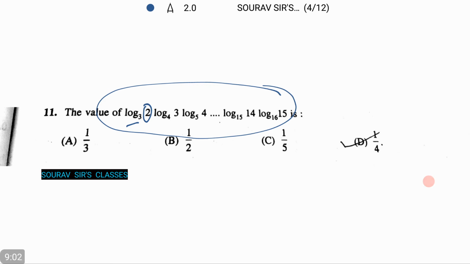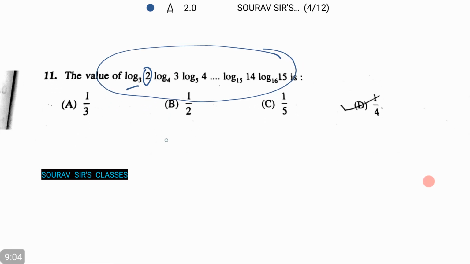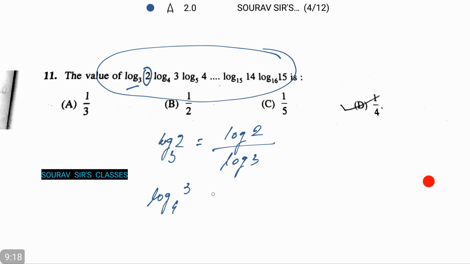So what we do is, we can write log to the base 3 of 2 as log 2 by log 3, log to the base 4 of 3 as log 3 by log 4.